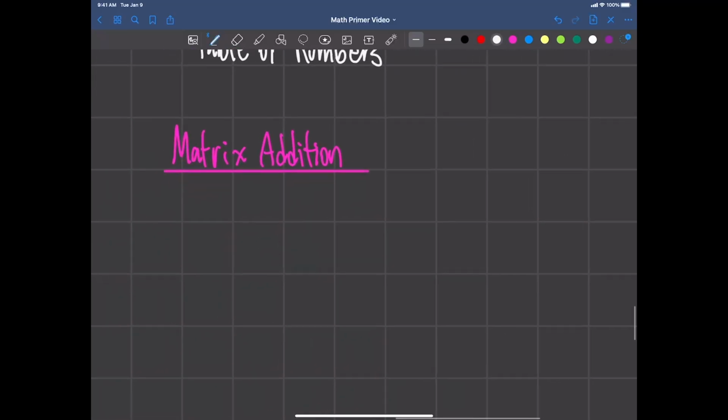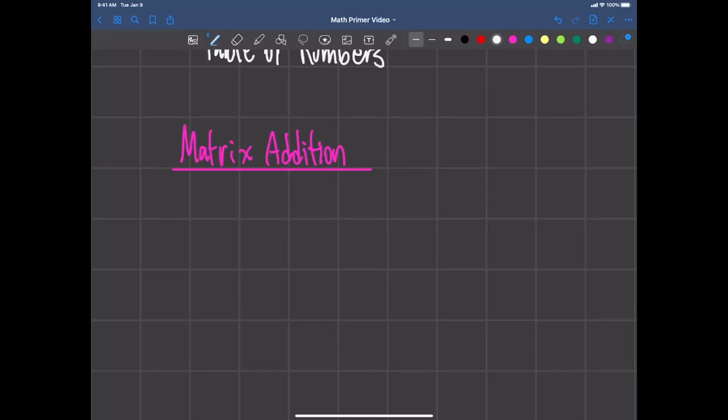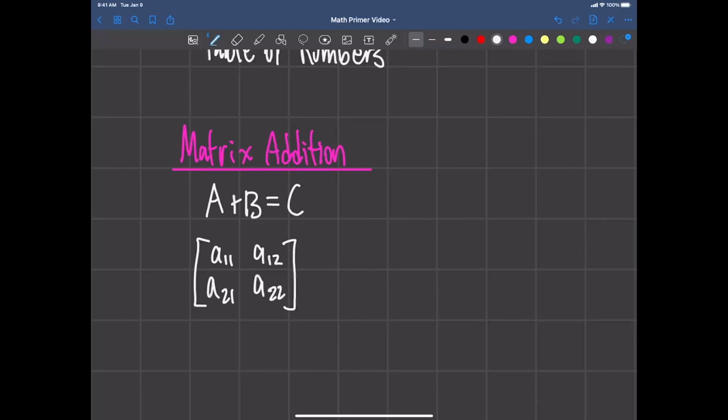How do we do matrix addition? We add and subtract element by element. So A plus B equals C. If we have the matrix A11, A12, A21, A22, and the reason why we denote them this way is A in the first row, first column, first row, second column, second row, first column, and second row, second column.